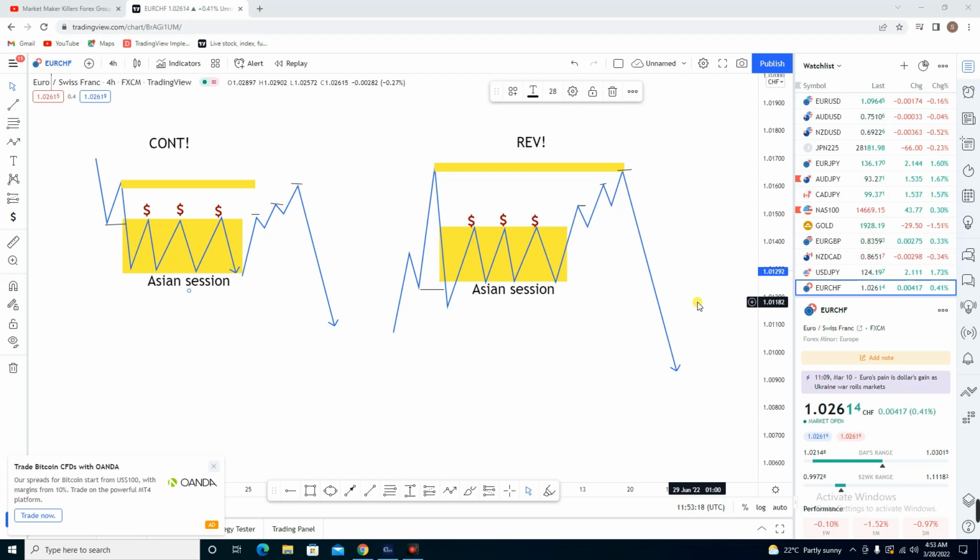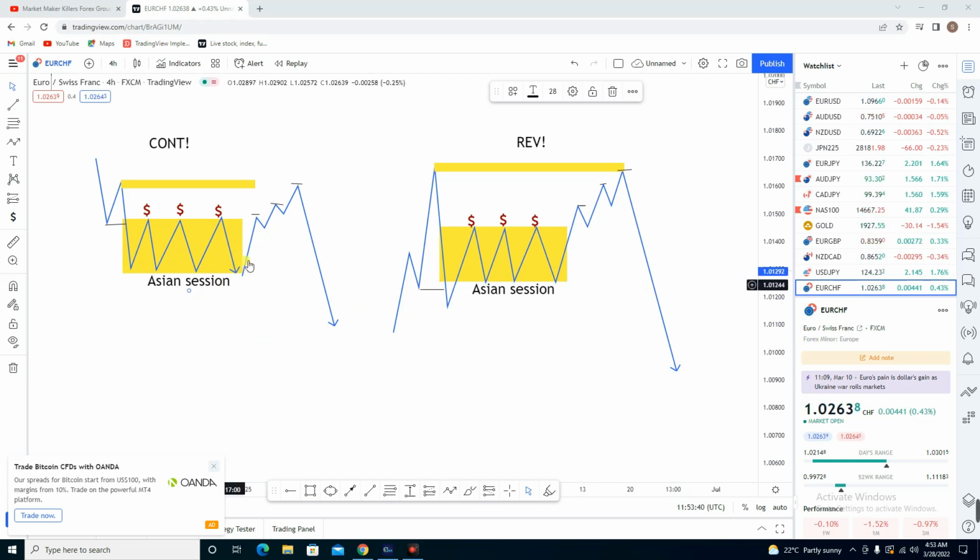Okay guys, today we're going to talk about how you can take advantage of continuation patterns and reversal patterns. Remember, if you've been watching my videos, I do not really advise that we trade the Asian session, because this is basically the accumulation session.